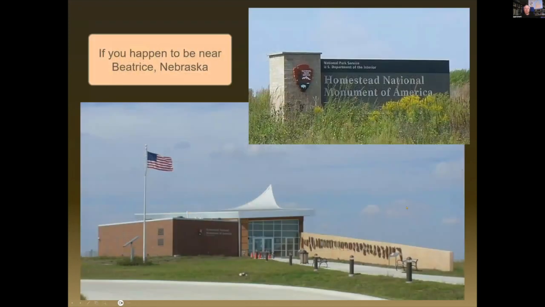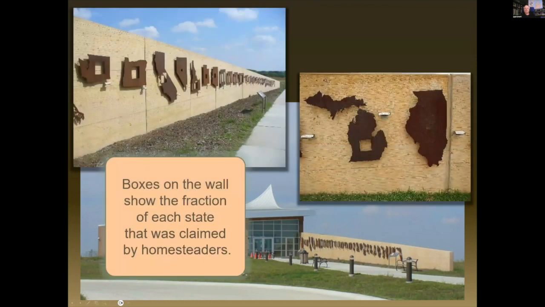Now, if you happen to be near Beatrice, Nebraska, there is a Homestead National Monument that is definitely worth going to. And if not, go out to their website and look at the virtual tour of it. The fence that's in the front of the thing has got every state with a box cut out of it to say how much of that state's land was given away free as part of the Homestead Act.